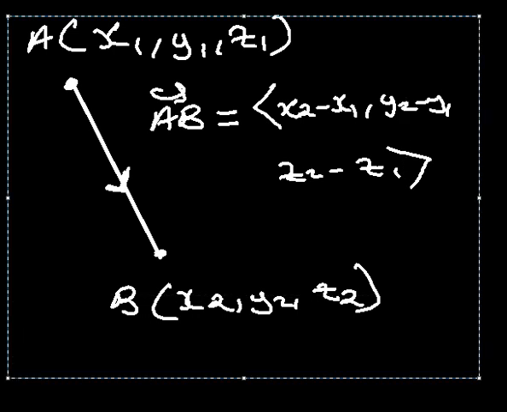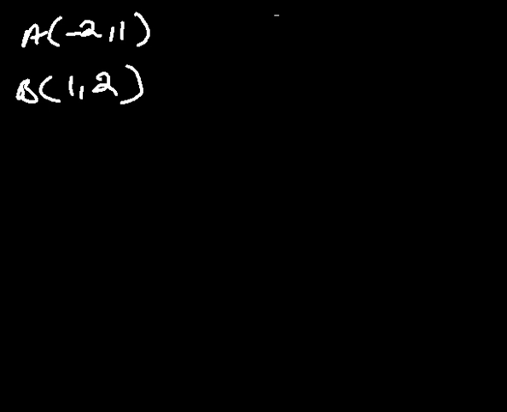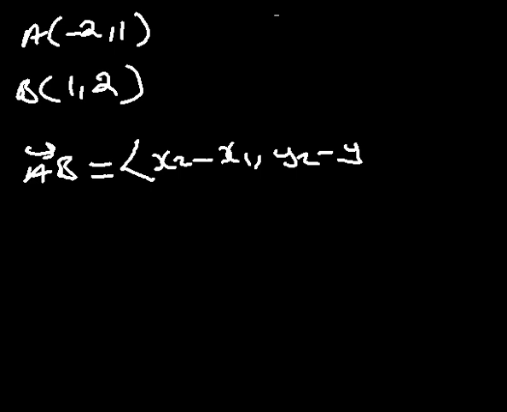Now what if we have this case? Let's say we have a point A with coordinates -2, 1, and a point B with coordinates 1, 2. What is the position vector AB if this is the case? This is the two-dimensional coordinate system, so we have the angle brackets with x2 minus x1, comma, y2 minus y1.